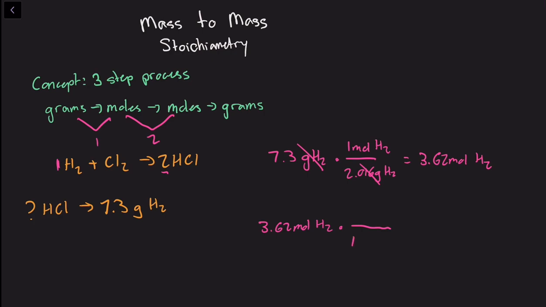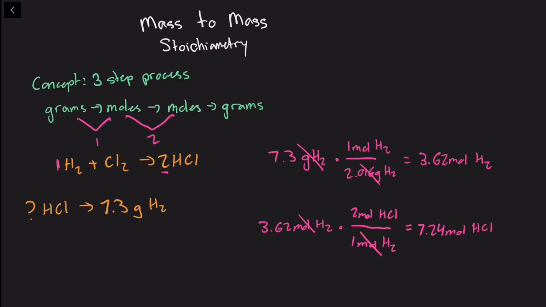We're going to put our 1 mole of H2 on the bottom, our 2 moles of HCl on the top. Again, we're doing the mole-to-mole ratio to cancel out moles of what we're starting with. We end up with 7.24 moles of HCl.